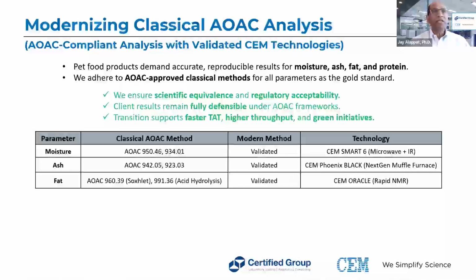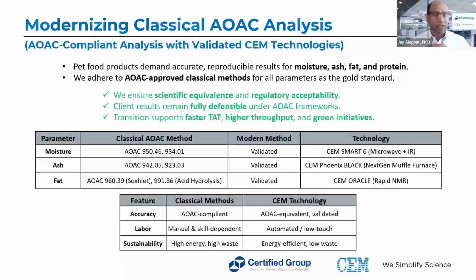So as you can see, modern technologies are now available for moisture. For example, in the table you see CEM Smart replaces, or complements, the moisture analysis. Then CEM Phoenix Black, which Alicia mentioned, for ash. Then CEM Oracle for rapid NMR. And modern technologies are now available for all these. And there are other analytes we can do with modern technologies.